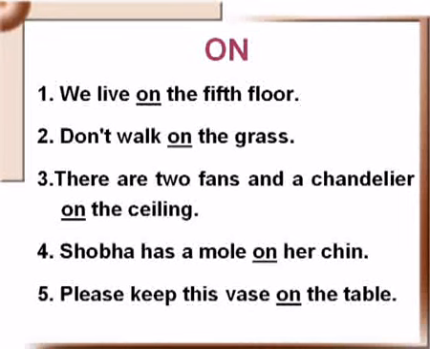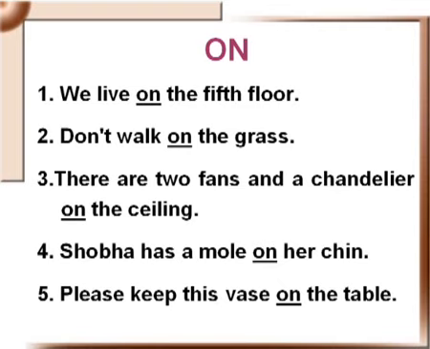Look now at the use of the preposition on. Let me first read out the sentences to you. We live on the 5th floor. Don't walk on the grass. There are 2 fans and a chandelier on the ceiling. Shobha has a mole on her chin.